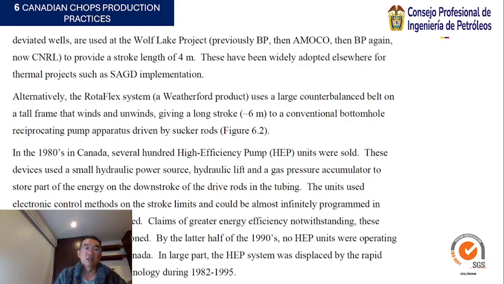Two approaches have been developed for long-stroke pumps. Extremely large standard pump jacks, often set at an angle for deviated wells, are used at the One-Flag project to provide a stroke length of 4 meters. These are being widely adopted elsewhere for similar projects such as SAGD implementations.